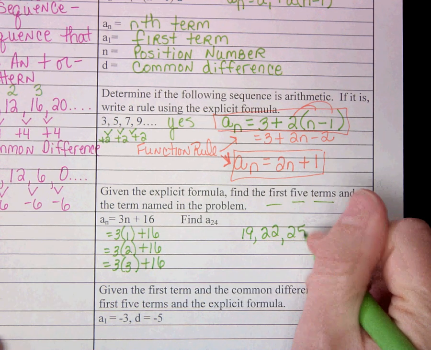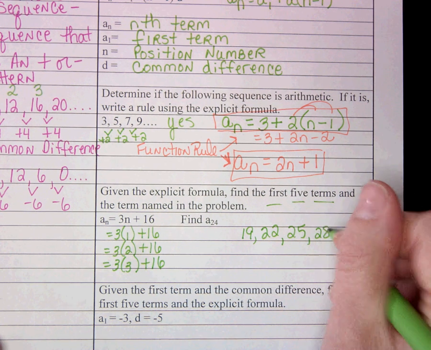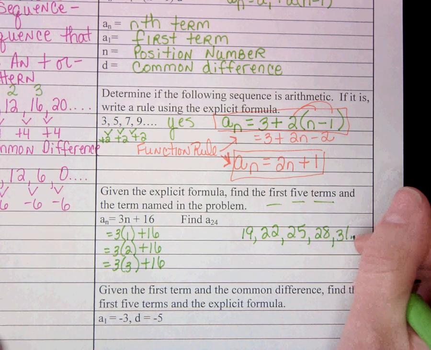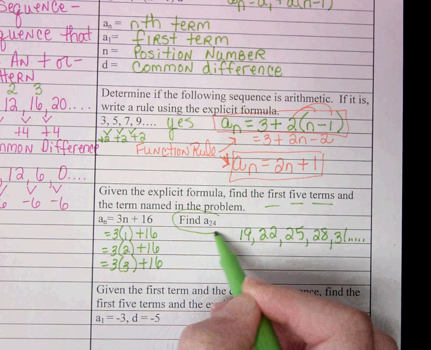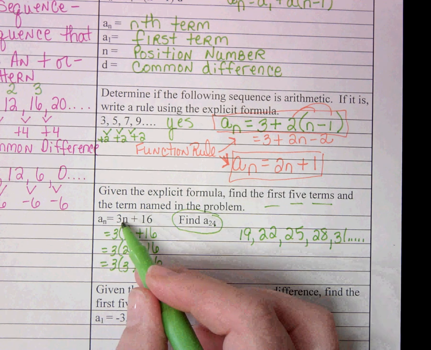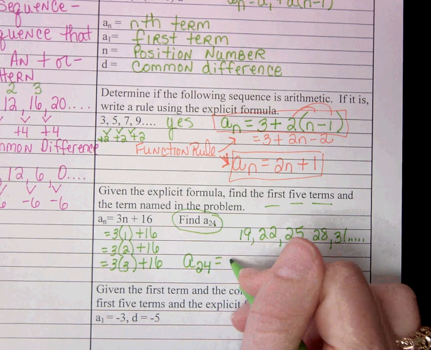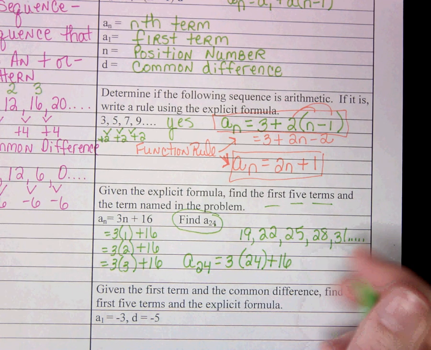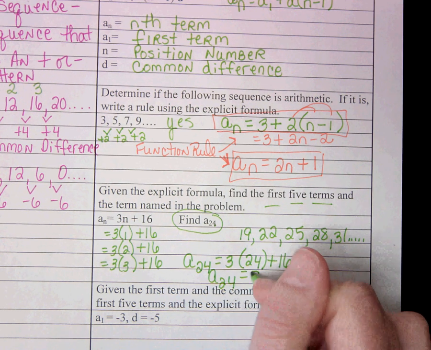Now you should start to see a pattern. So I could even go ahead and list it because you should see that we're adding 3 every time. So those would be the first 5 terms. And now if I wanted to find a sub 24, just wherever we see an n, we plug in a 24. So a sub 24 equals 3 times 24 plus 16. And you should get that that comes out to 88.